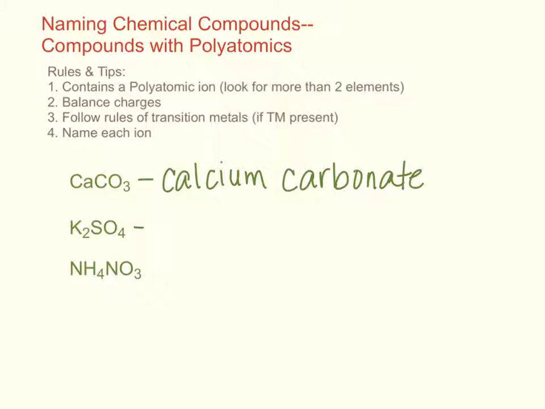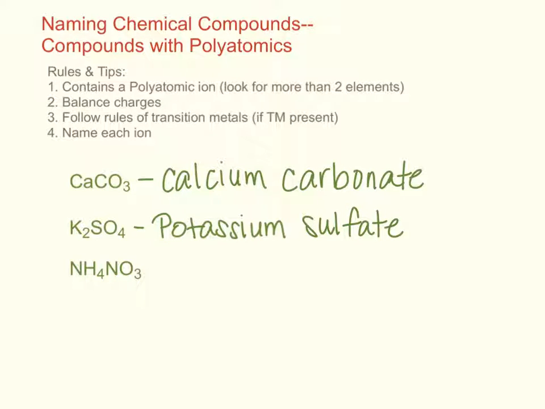For the most part, your polyatomic is going to come second. So down here, my K2SO4, my K is potassium. And because I'm working with ions, no prefixes, so I can ignore my subscripts. That 4 is actually part of this whole polyatomic. So I look up my polyatomics. SO4 is actually sulfate.